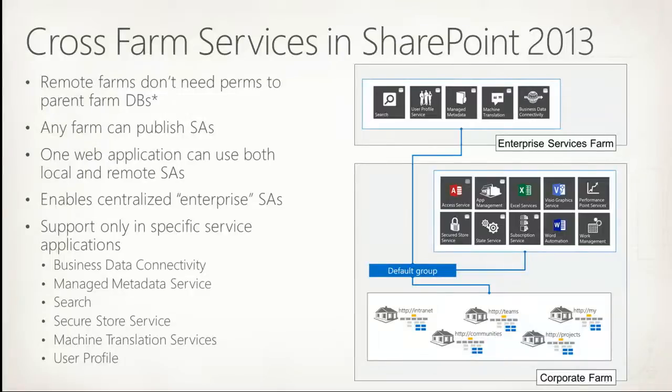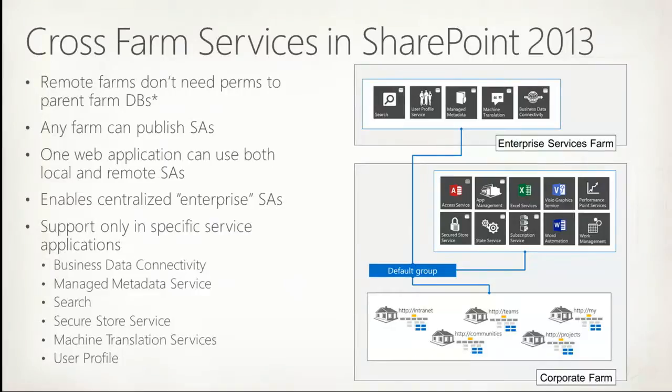So any farm can publish a service application, and also any farm can consume a service application. And you can actually have a farm that consumes and publishes both. What this is really doing is enabling you to have a true services farm in your enterprise.